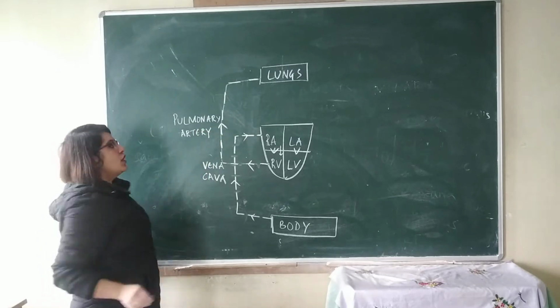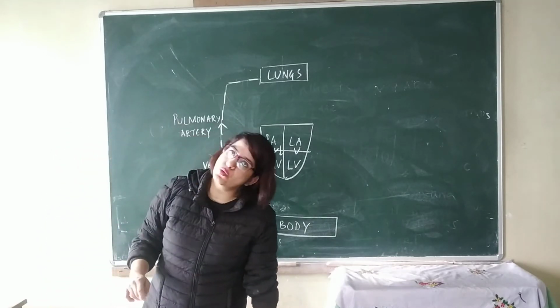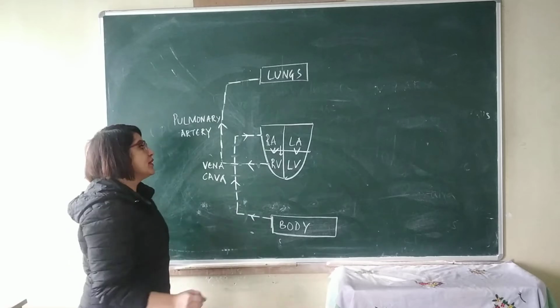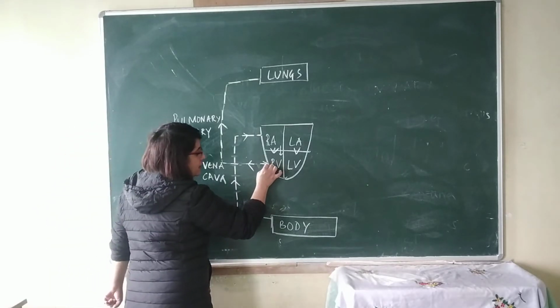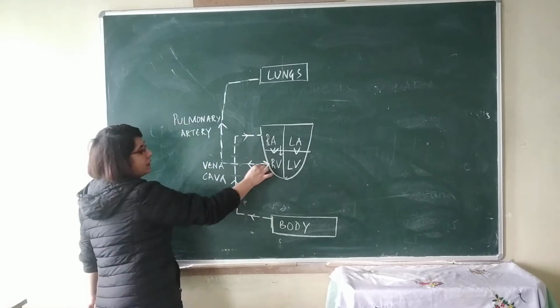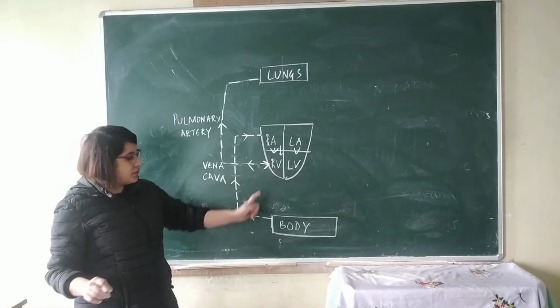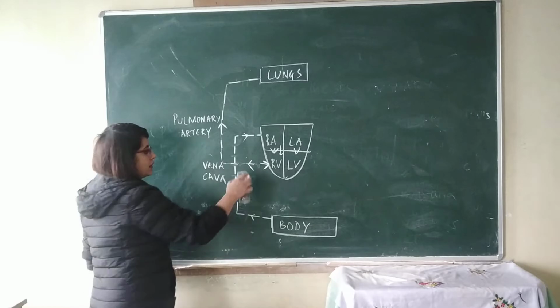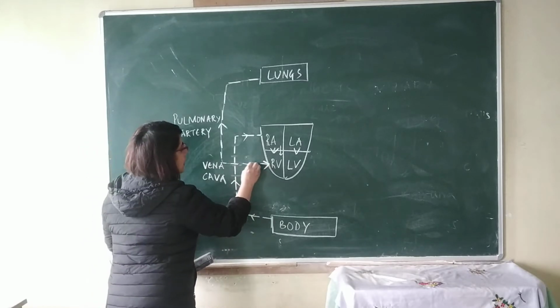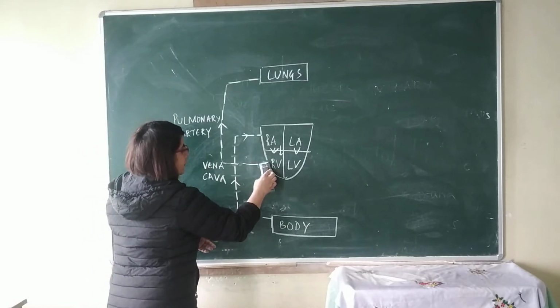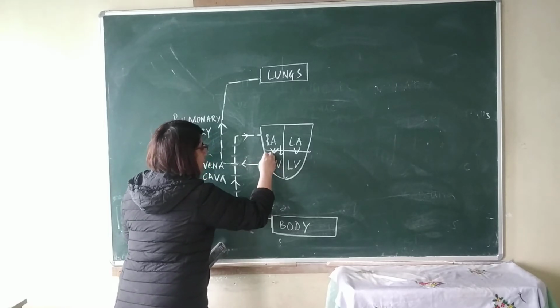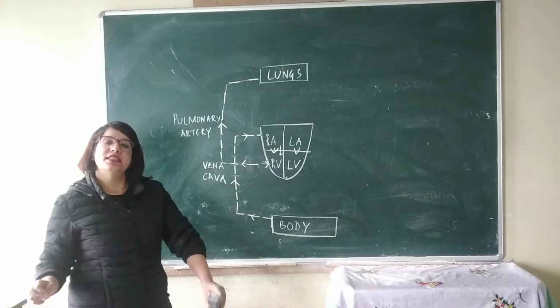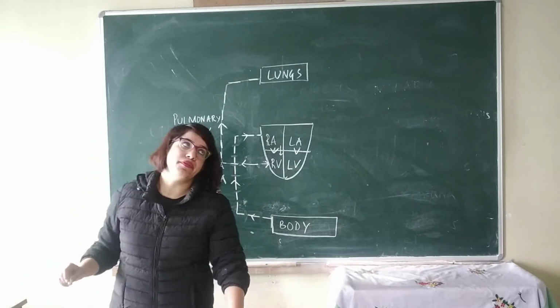And I told you, pulmonary artery is the only artery which carries deoxygenated blood. And if you remember, there is a valve present here in between the right ventricle and the pulmonary artery. So there is a valve here. And the name of this valve is semilunar pulmonary valve.